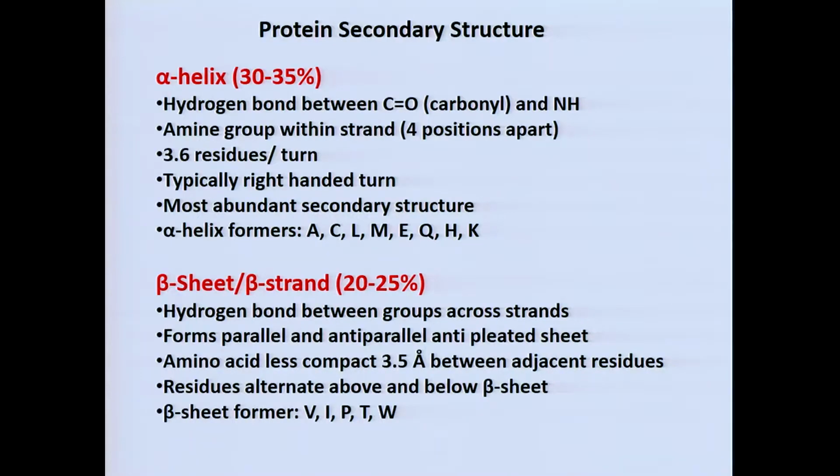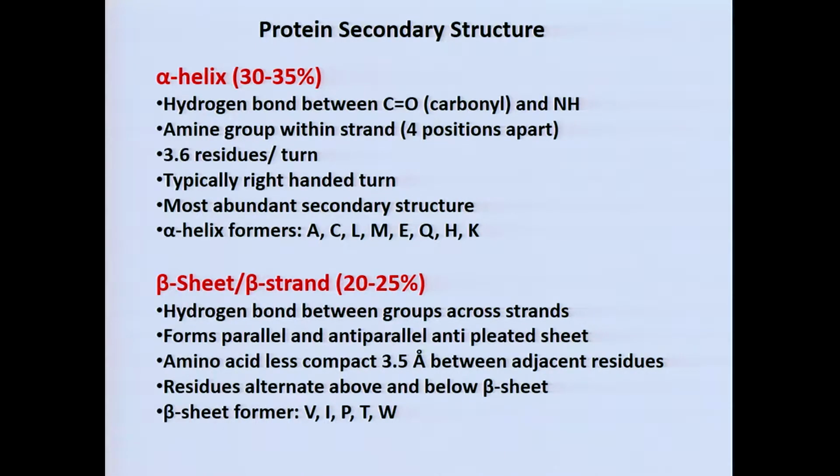So NH and carbonyl have an N plus 4 interaction, and there are 3.6 residues per turn. They are typically right-handed alpha helices, but there are some examples of left-handed alpha helices also. And this is the most abundant secondary structure.